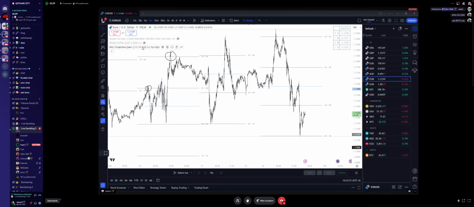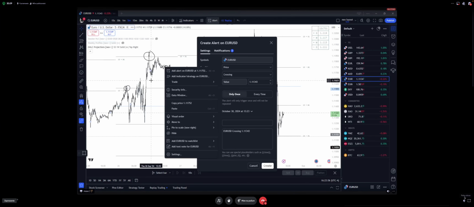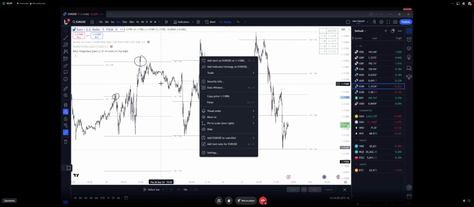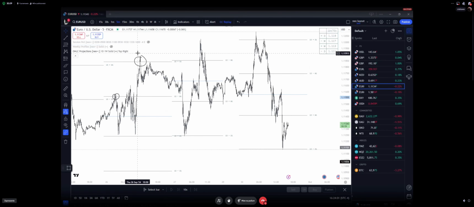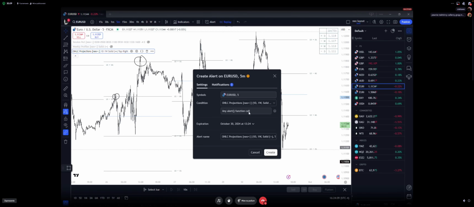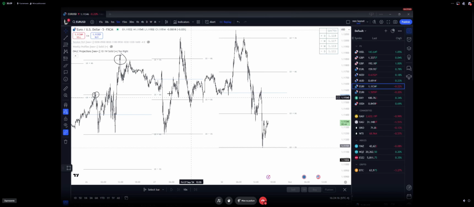And then what I do is, hold on. I think you need to click the 3 dots, no? Oh yeah, that's how it works. You add alert on the projections, right? Yeah. And then with this setting, any alert function call. And then once you create the alert, TradingView takes a snapshot of the indicator and of all the settings it has right now.